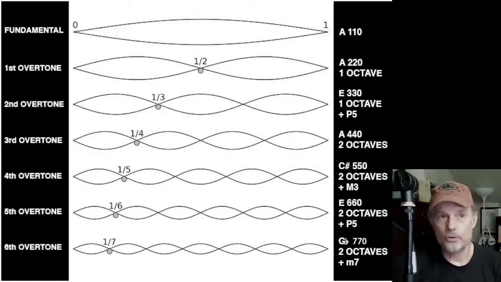The third overtone is four times the fundamental at 440 hertz and is the second octave and is another A note. The fourth overtone is five times the fundamental at 550 hertz and is a C sharp note.